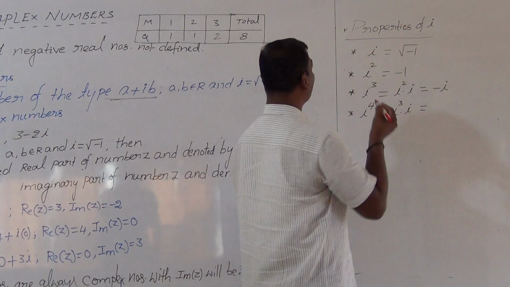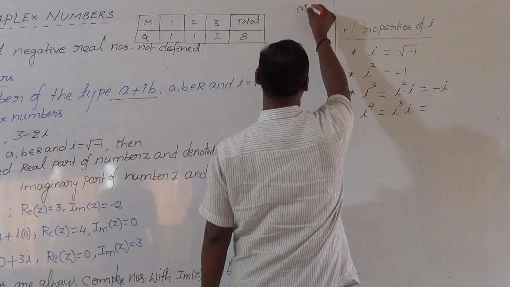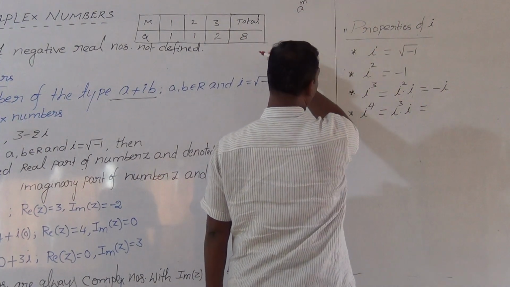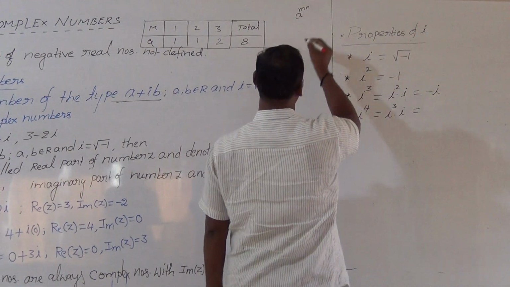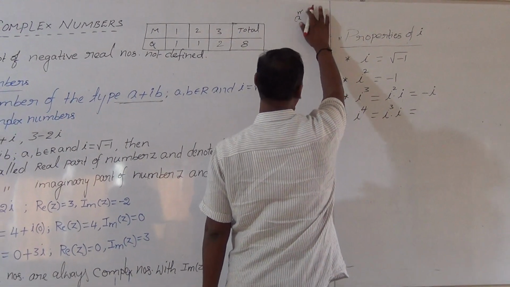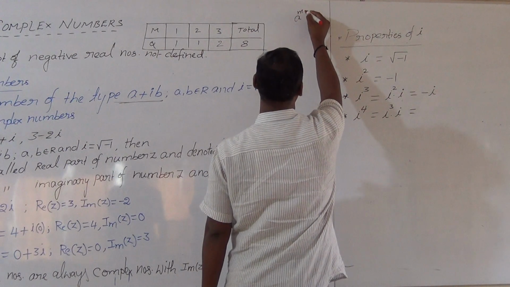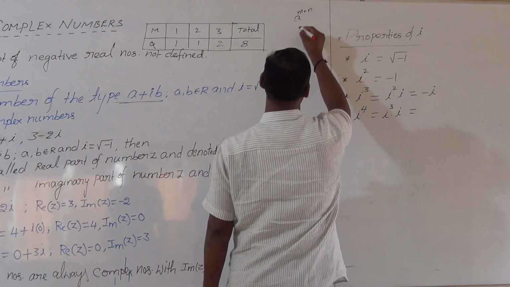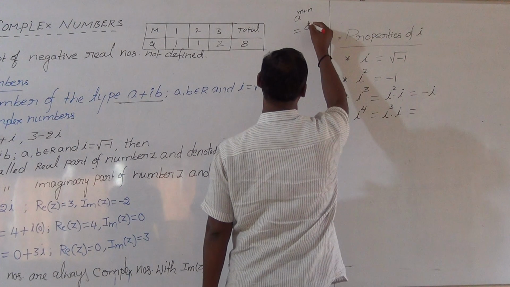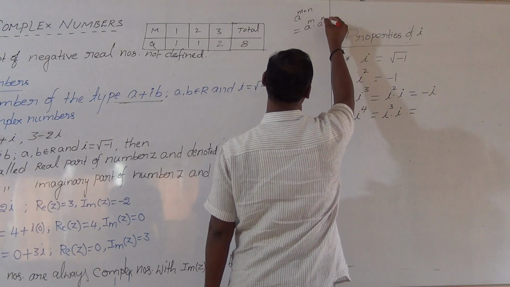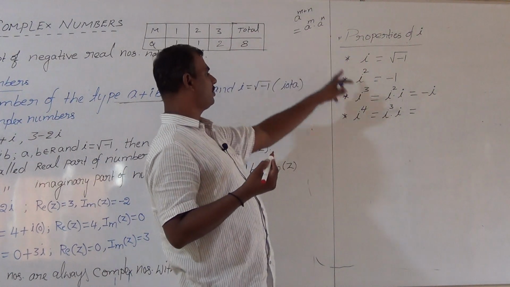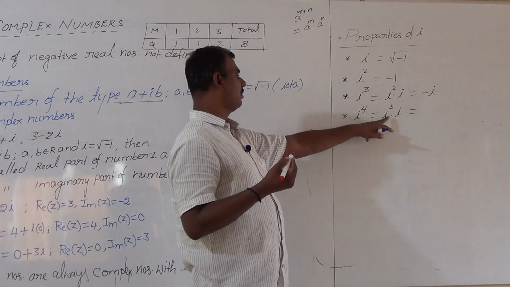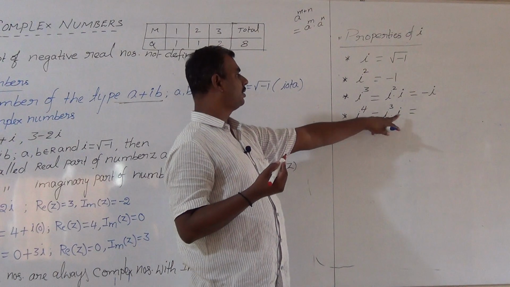We know this property from lower classes: a raised to m plus n is a raised to m into a raised to n. According to this property, reducing one power, we write i raised to 3 into iota.